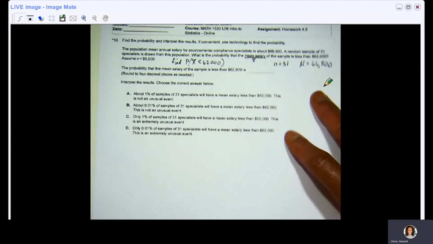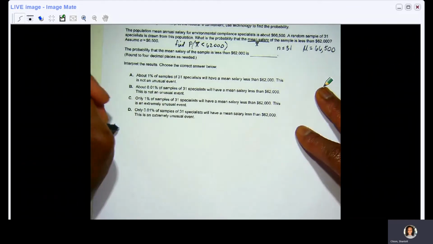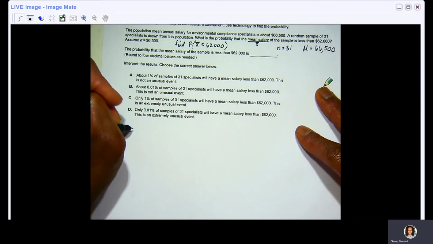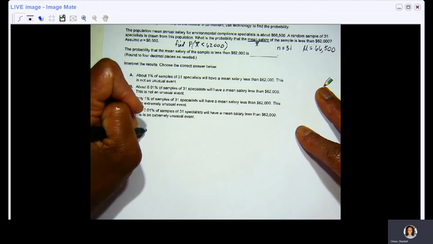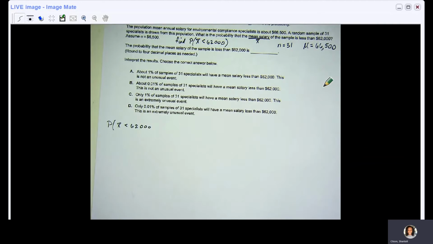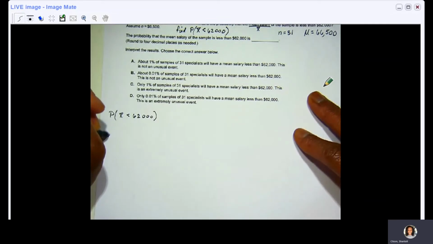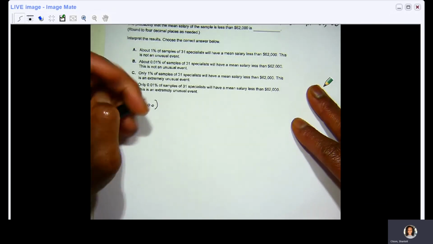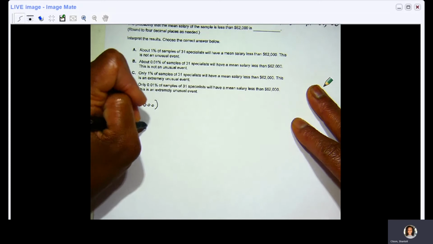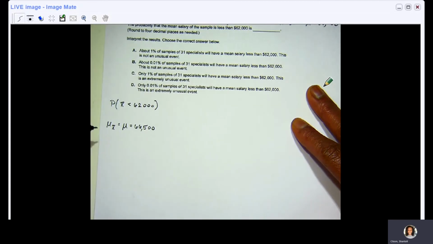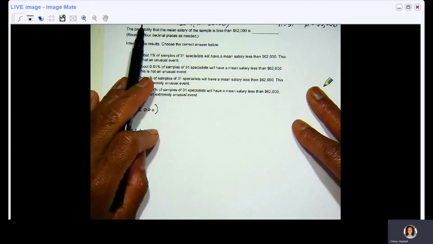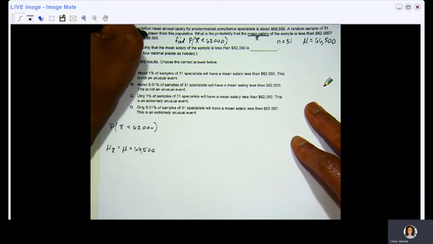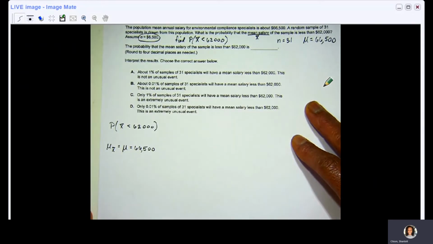Okay, so let's write that down here again and come up with our sample distribution parameters, our sample mean, mu sub X, and our standard deviation sub X. And let's also draw a picture. So for the sample distribution, mean mu sub X is going to equal the original mean for the population, which is 66.5. All right. We're told here to assume that the population standard deviation is 6,500.